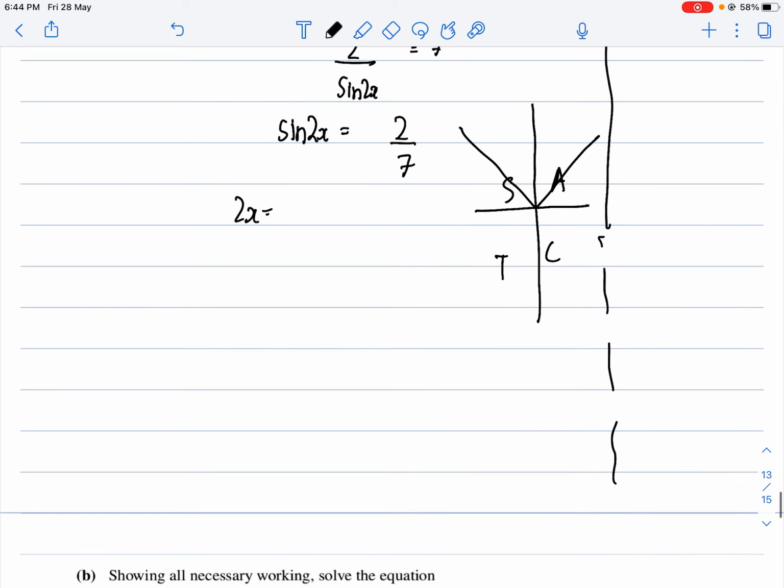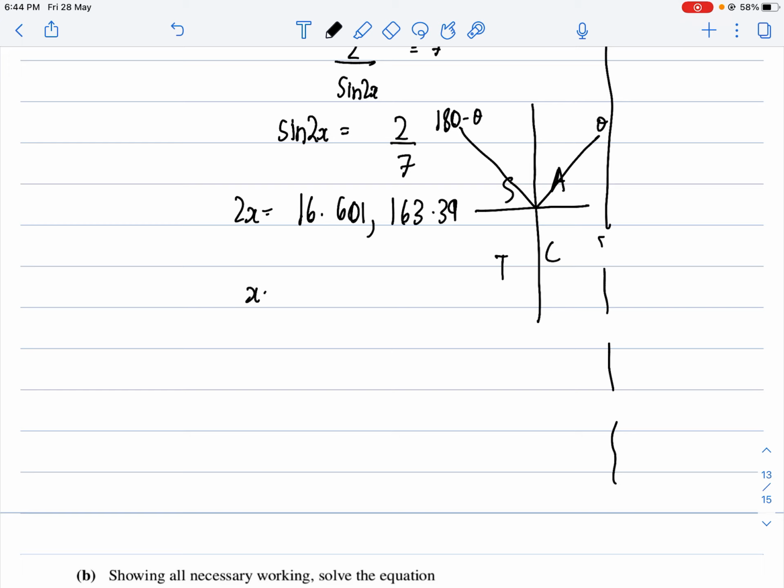When I solve this on the calc, I get 16.601. If this is theta, to calculate the second quadrant, we do 180 minus theta, correct? Basic trigo, so 180 minus 16.601 gives me 163.39.